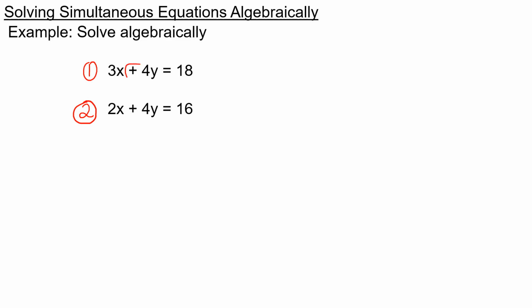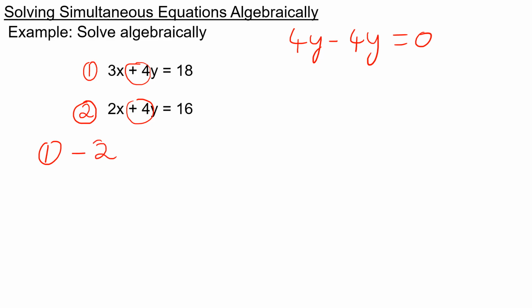Because the coefficients of the y's are the same, if I subtract my two equations from each other, the y's will disappear because 4y take away 4y is going to be 0. So I'm going to do equation 1 take away equation 2.